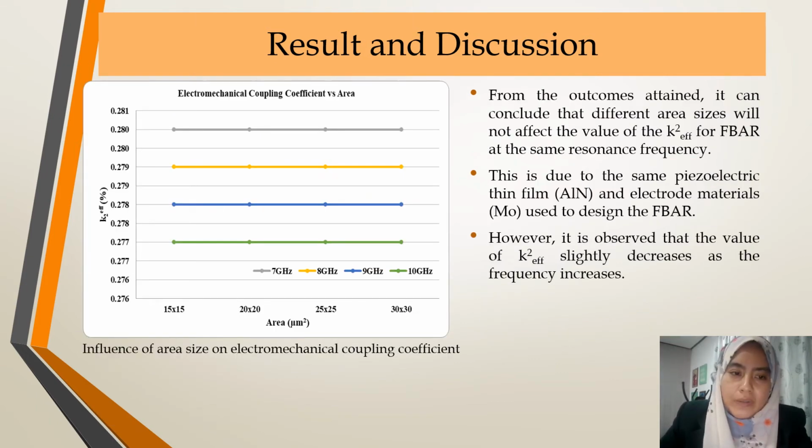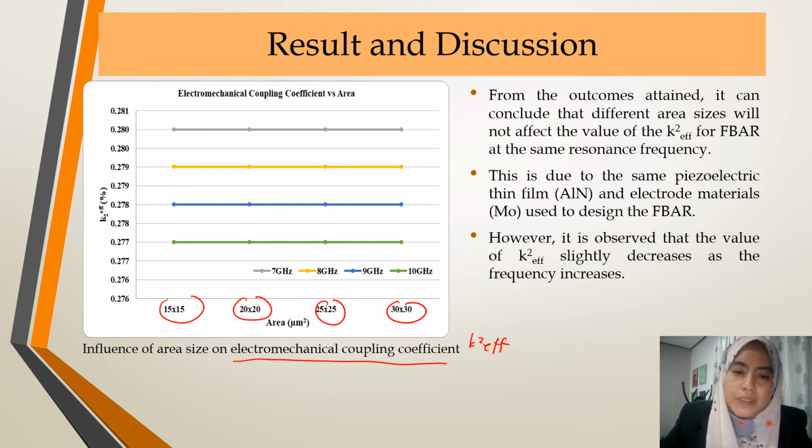Now we look at the influence of area size on the electromechanical coupling coefficient K2EFF of the FBAR. As we can see from this figure, the values of the K2EFF do not change with the changes of the area size. This is because of the same material used to design the FBAR.